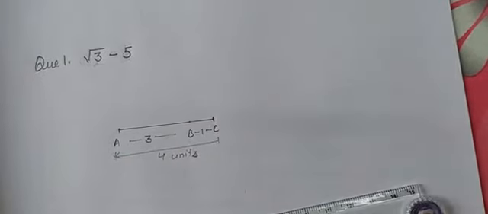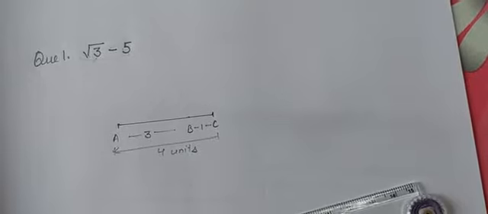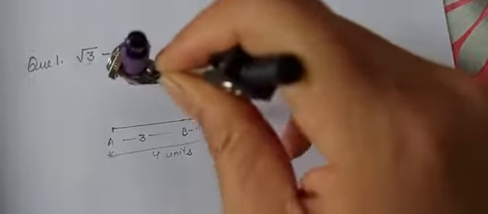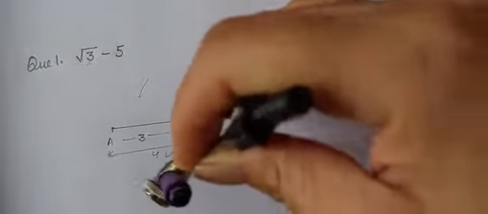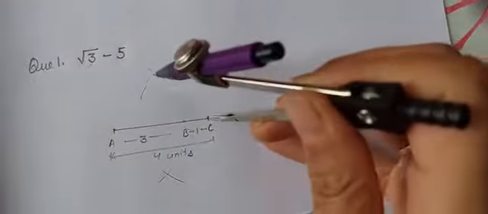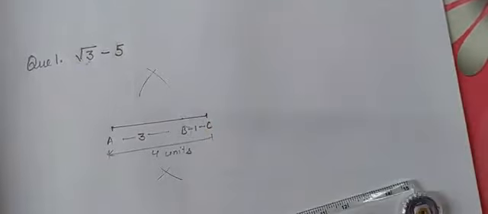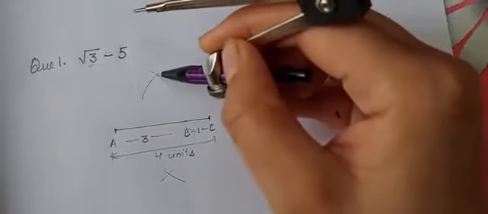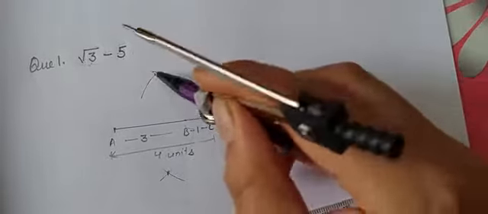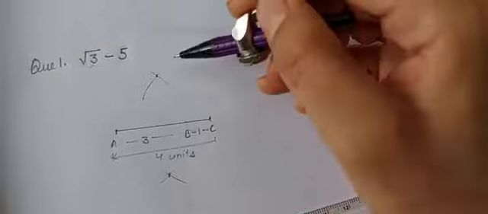Now what do we have to do? You have to bisect this line segment. Okay, just learn this algorithm. How to bisect it? Open the compass more than half, this and this. Okay, and here also. So these 2 points, because we did not disturb the compass, the distance of these 2 points from A and C is same.